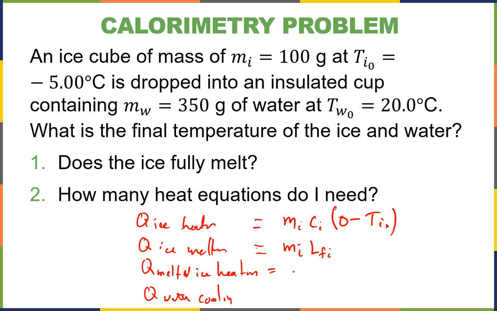And then for the melted ice heating, mass of ice, C of water, because it's melted now, times temperature final minus 0, because the melted ice started at 0. And then finally, mass of water, C of water, temperature final minus temperature initial water.